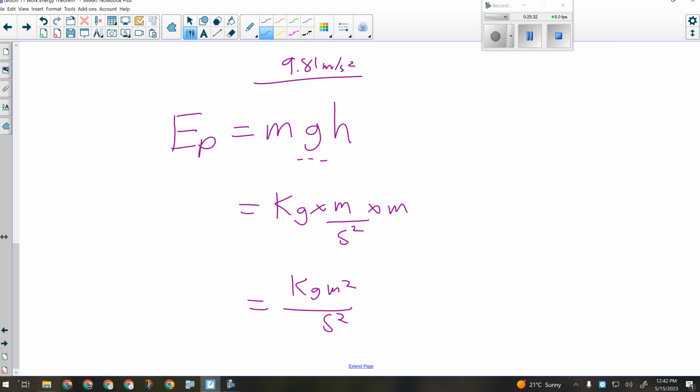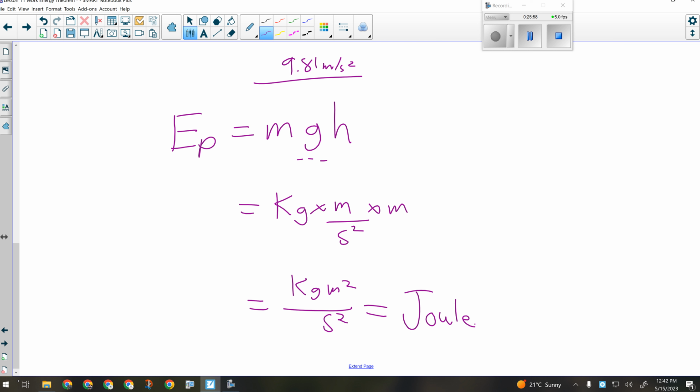Does that sound difficult to remember? That's a joule. A joule is a kilogram meter squared per second squared. So most of the time, you'll just write J for joules.